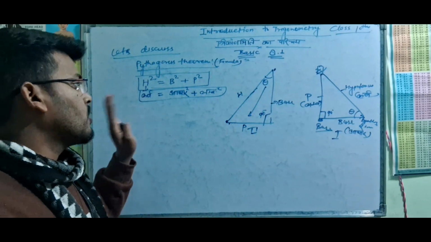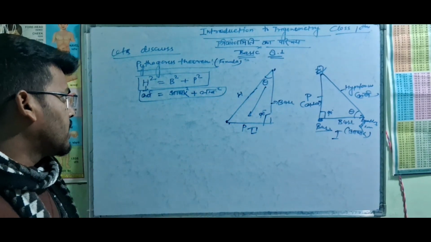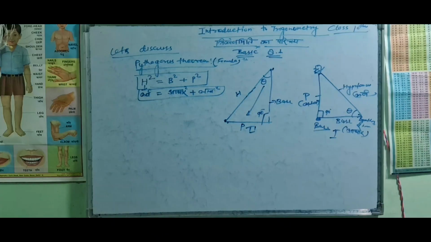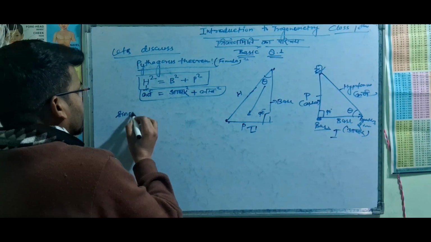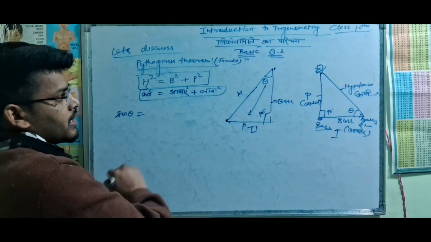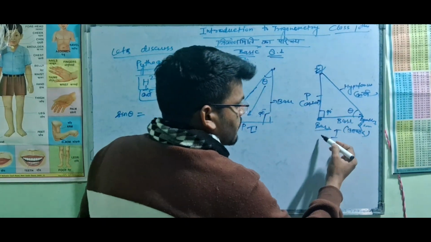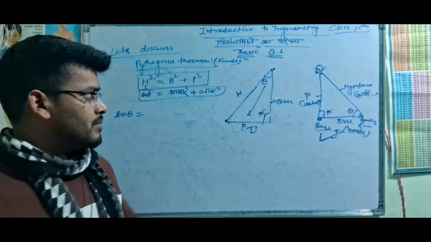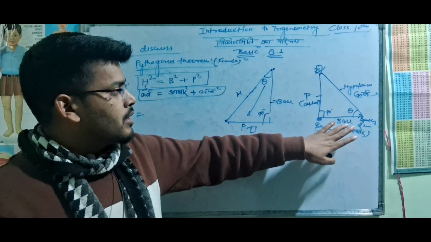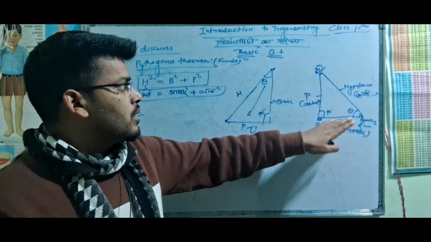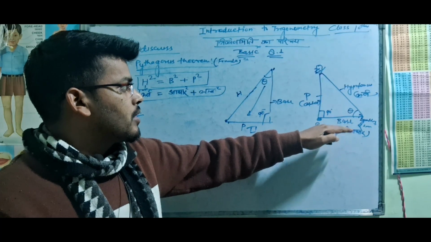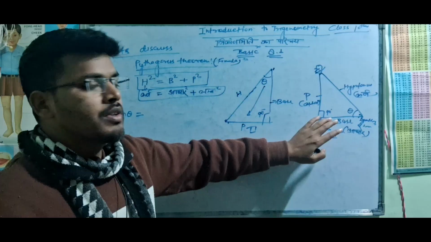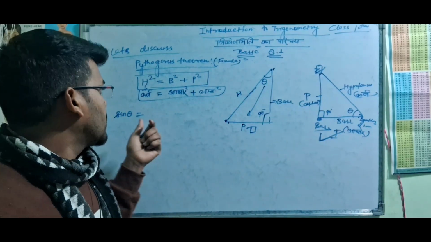Now let's discuss the trigonometry formulas, right? Earlier we discussed the Pythagoras theorem formula. Now understand sin theta. During sin theta we consider the figure first. Understand? Because it is easier to understand all these formulas by using the figure.